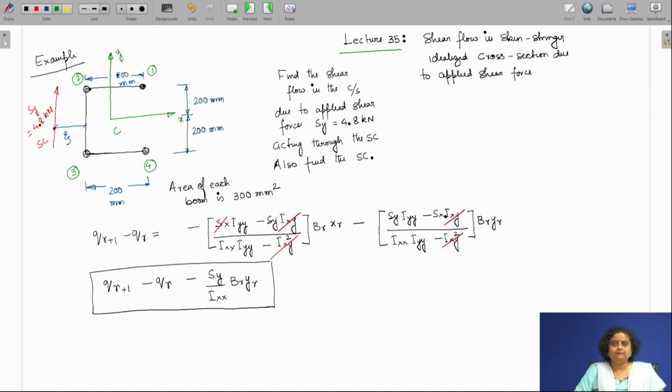By enforcing these conditions in the equation for shear flow, we can simplify it in this form. So, this is the simplified form of the shear flow equation for a symmetric beam where only Sy is being applied. So, let us now try to solve this problem.